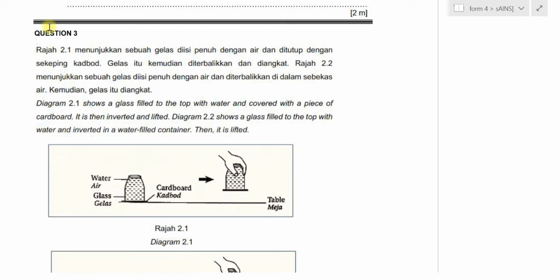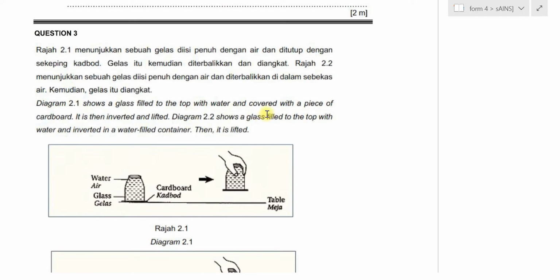Okay, so let's see question 3. Diagram 2.1 shows a glass filled to the top with water. That means fully filled. The glass is fully filled with water and covered with a piece of cardboard. You cover first and then invert it, and then you try to lift it up.